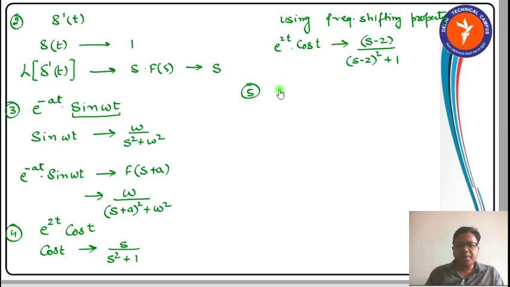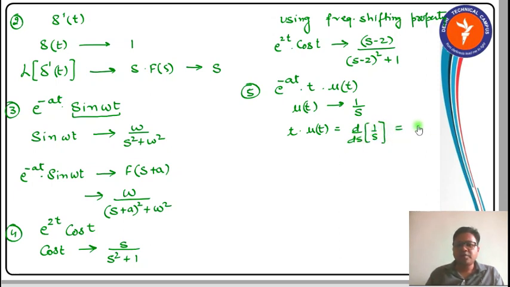Similarly, let us calculate the Laplace transform of e raised to power minus at into t into u(t). We already know that the Laplace transform of u(t) is 1 by s, and when it is multiplied with t, we will use the frequency differentiation property.